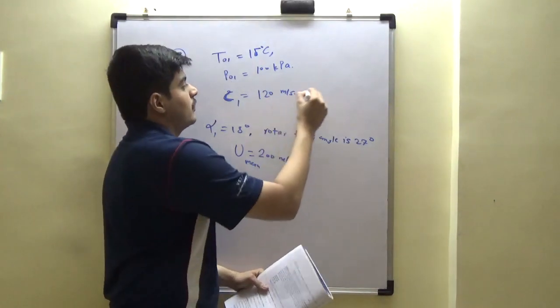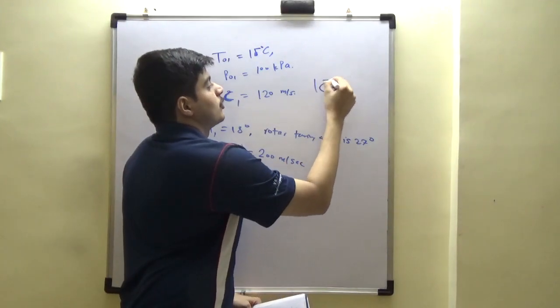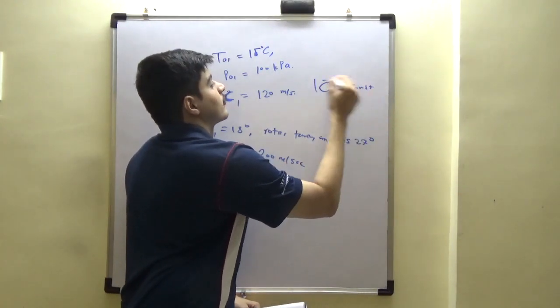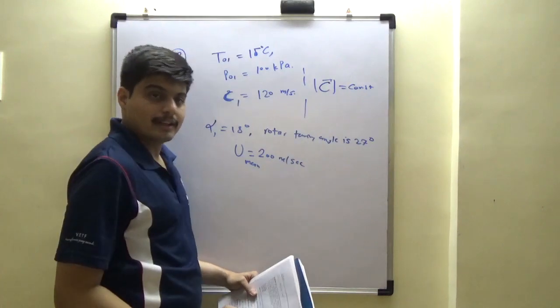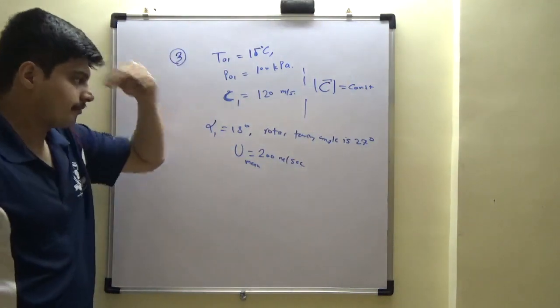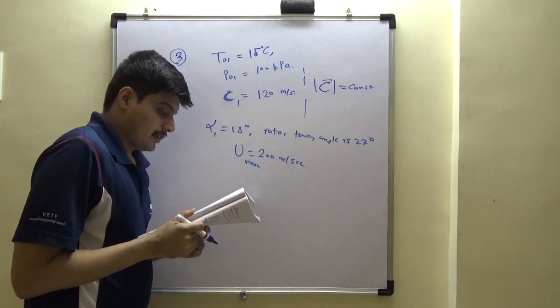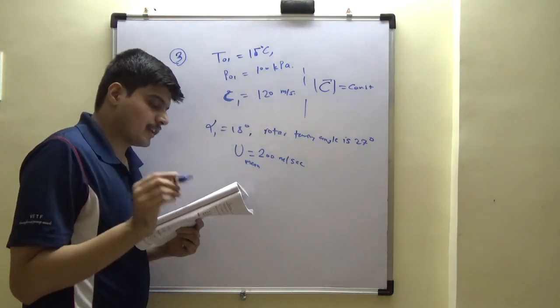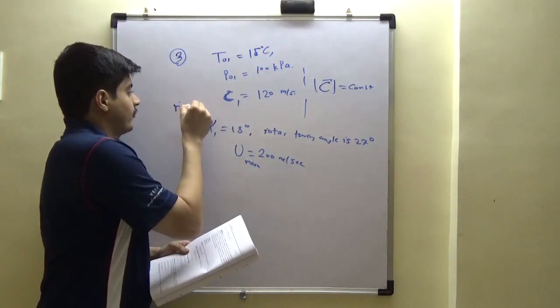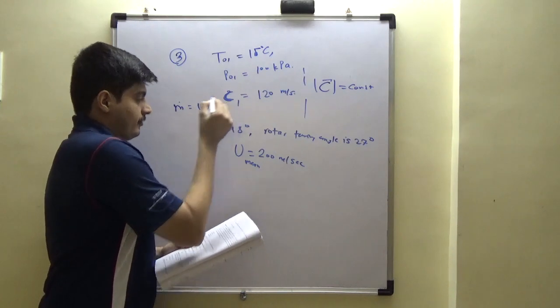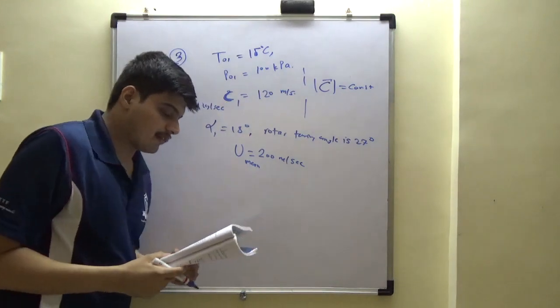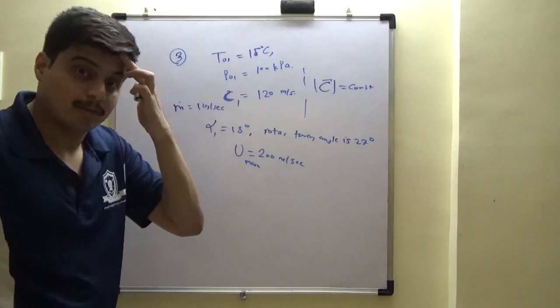Axial velocity is assumed to be constant. Undergraduate assumption again, a fair enough assumption. If mass flow rate is 1 kg per second, the power required to drive the compressor is, this is one of the GATE questions.